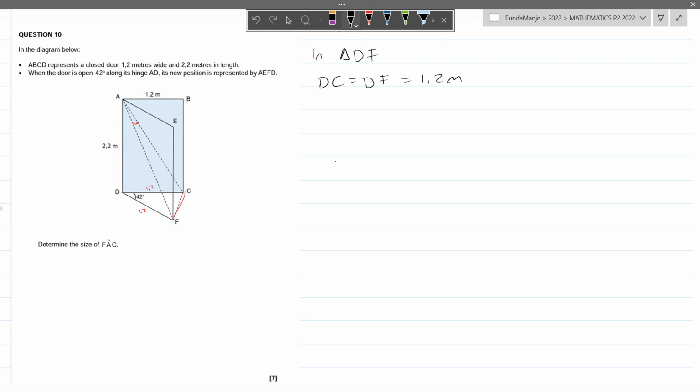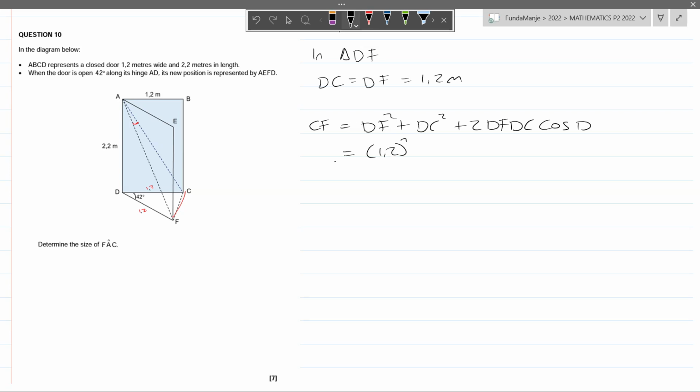Then what we want to do is calculate the side CF. So in order to get the side CF, we can use the cosine rule. So we can say CF squared is equal to DF squared plus DC squared minus 2 DF DC cos D, like that. And then we can make our substitutions.